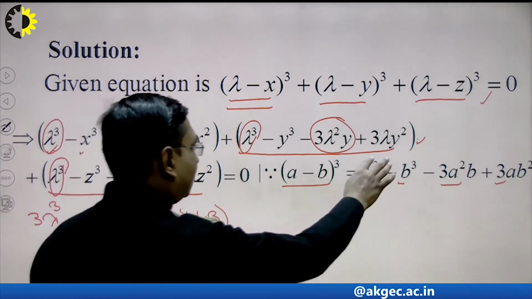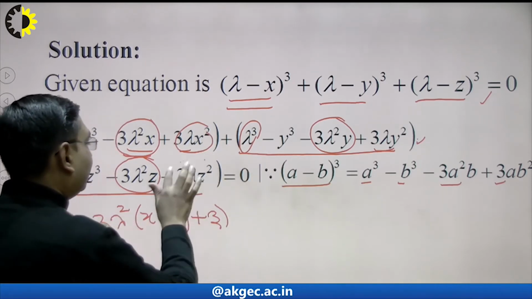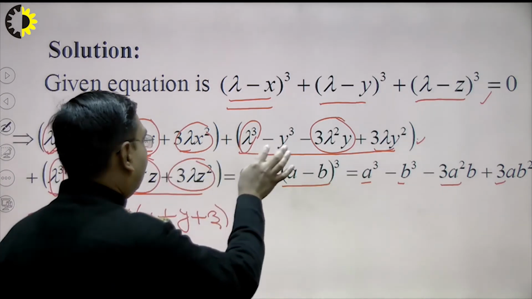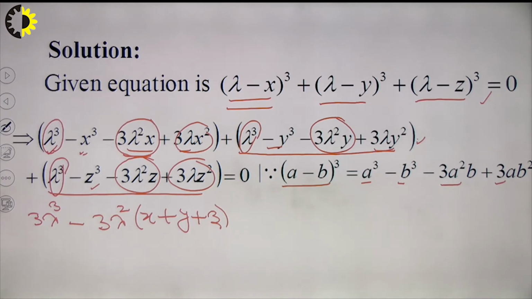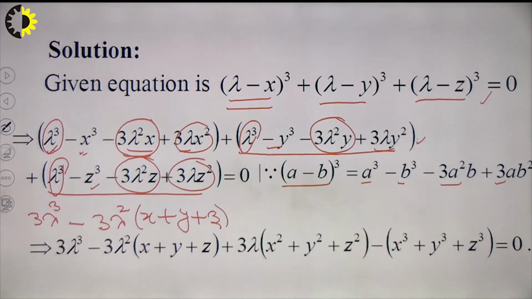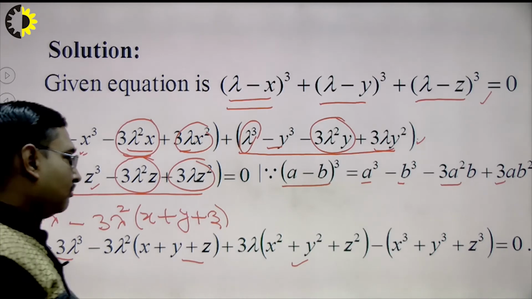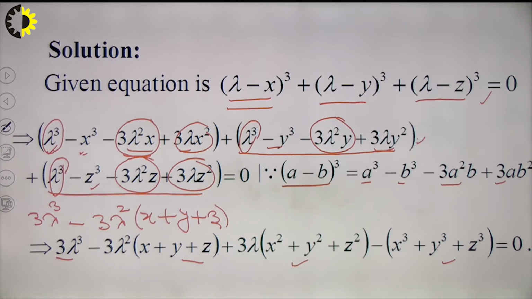Similarly, these terms 3 lambda y square, 3 lambda x square and 3 lambda z square can be collected, and the remaining terms minus x cube, minus y cube, minus z cube will also be written after this. By doing so, I will obtain equation like this: 3 lambda cube minus 3 lambda square times x plus y plus z plus 3 lambda times x square plus y square plus z square minus x cube plus y cube plus z cube equals to 0.